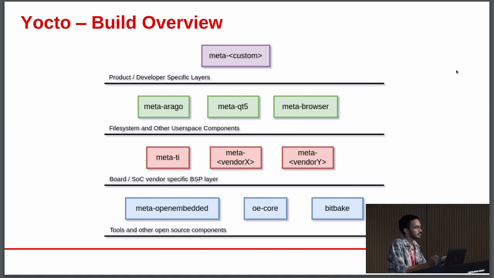We have meta-arago, which is a TI owned file system layer, and for other stuff like Qt and browsers, Chromium or Firefox, we have meta-browser and other layers. And also for the final product, you can create a developer specific layer to customize the entire image to your own liking, and you can keep your custom recipes there for your own applications and other stuff.